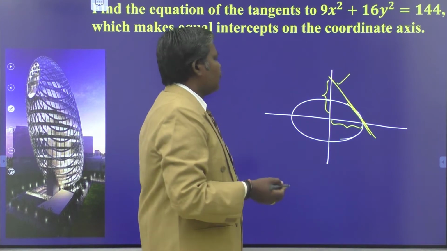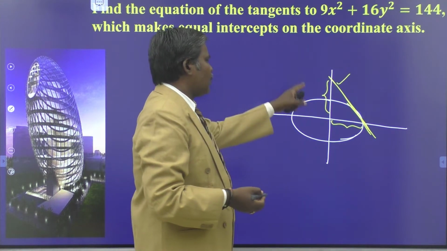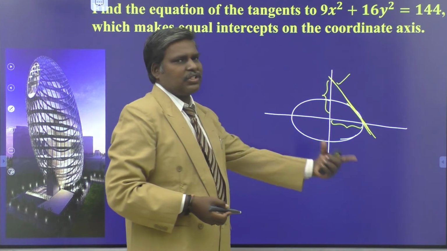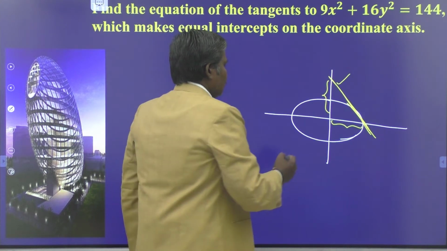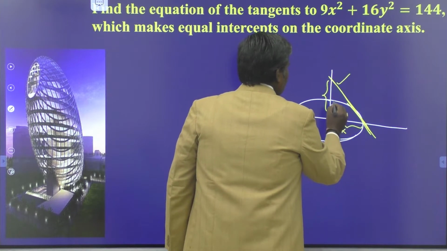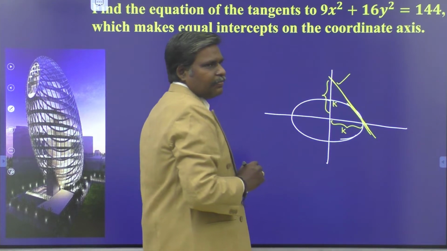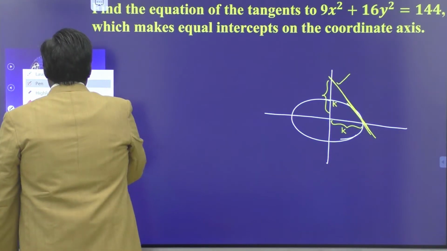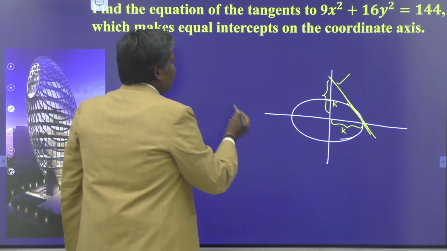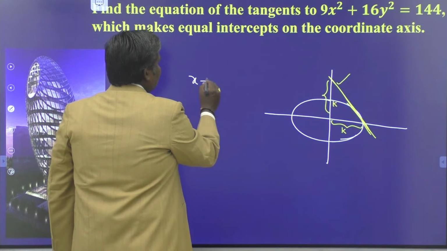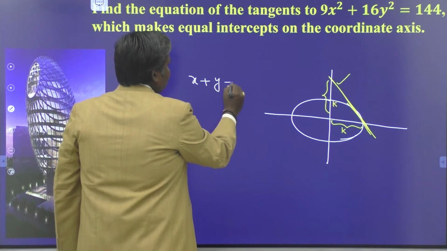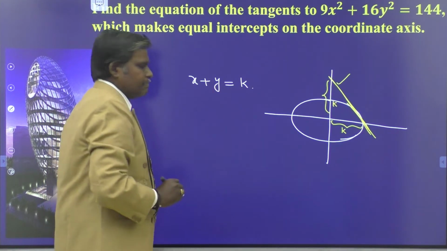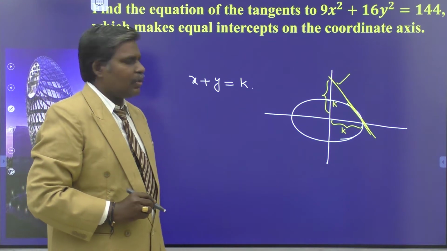Equation of any line that makes equal intercepts with the coordinate axis is of the form x plus y is equal to some k. Suppose this intercept is k, automatically this is also k from the given condition. Therefore, x plus y is equal to k.